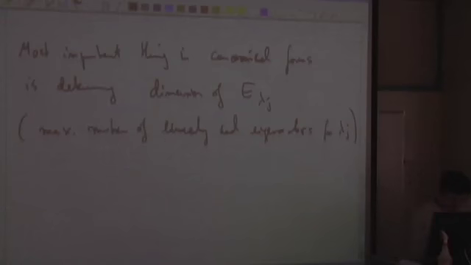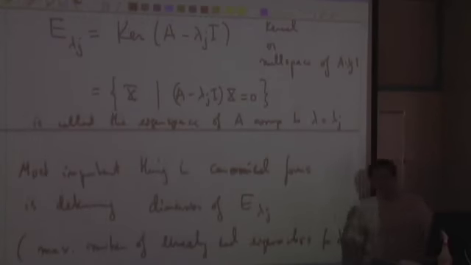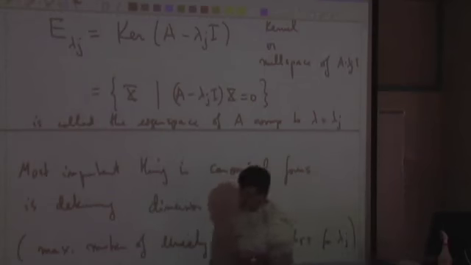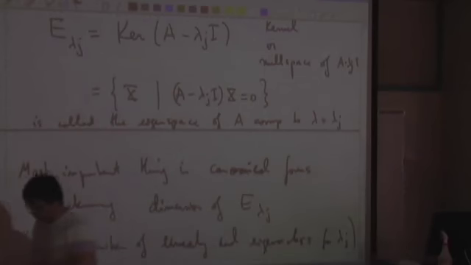Well, how do we do that? How does one find this maximum number of linearly independent eigenvectors?